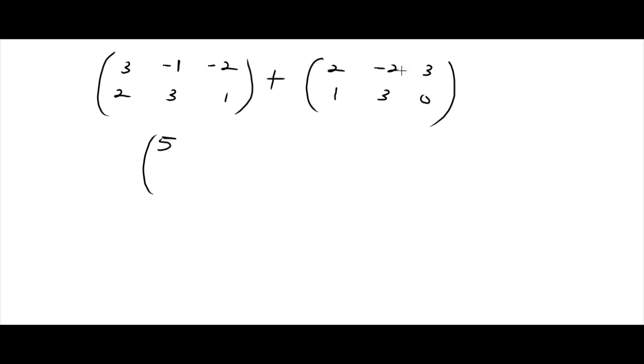Then -1 plus -2, that is -3. Then -2 plus 3, that is 1. That's like saying 3 minus 2. Then 2 plus 1, that is 3. 3 plus 3, that is 6. 1 plus 0, that is 1. What is the order of this matrix? This is a 2 by 3 matrix. 2 rows, 3 columns. Next, let's talk about scalar multiplication.